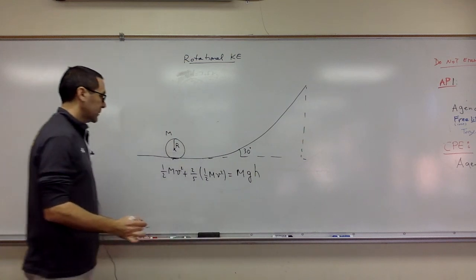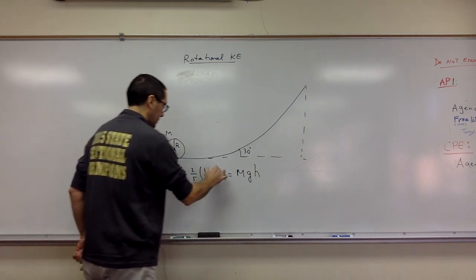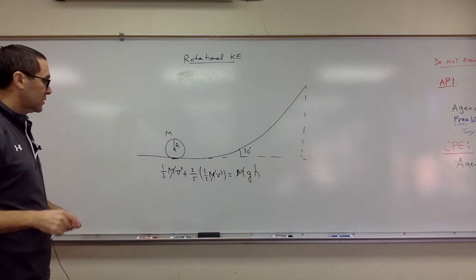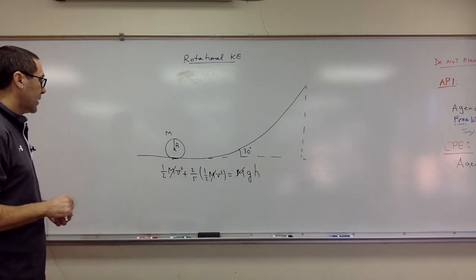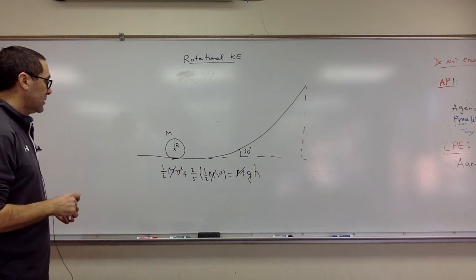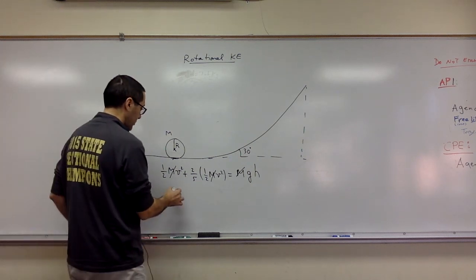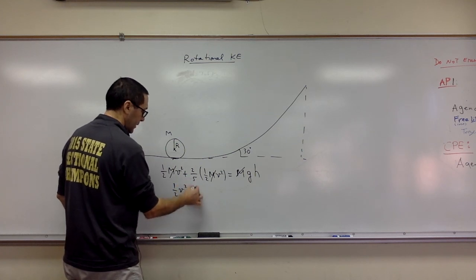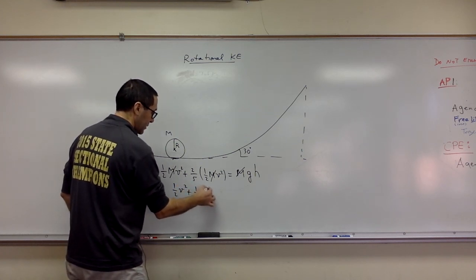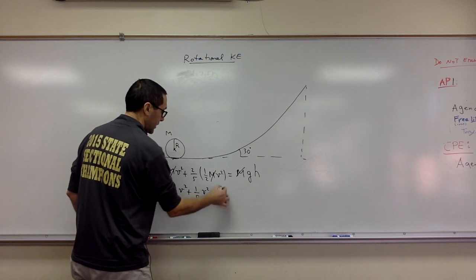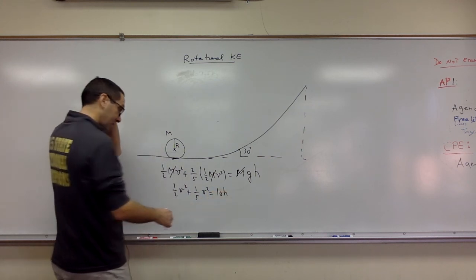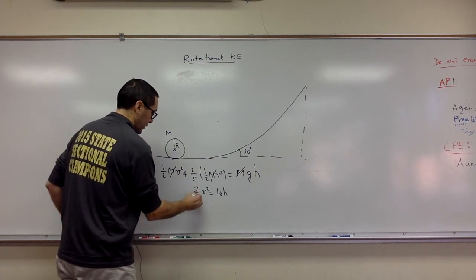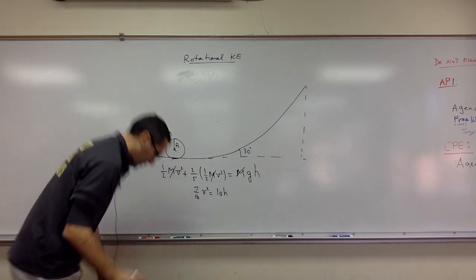Okay, so here is your mass, it's gone. That's what we did when we did the moment of inertia. We had things sliding or rolling down ramps. The mass and the radius didn't matter. So this is going to be 1/2 v squared plus 1/5 v squared equals 10h. So that's going to be 7/10 v squared.